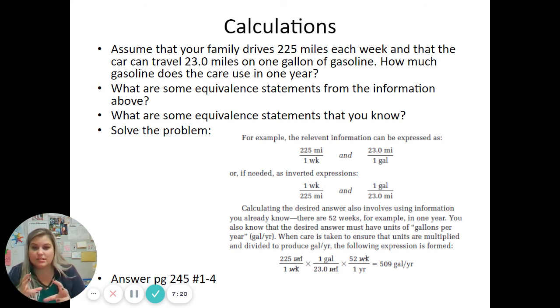And remember that first conversion was miles per week. So the 1 week we convert to 1 year by multiplying it by 52. Then we get 509 gallons per year. You should follow that same process when completing 1 through 4. So please have this slide up maybe while you do that. I think that's going to help you.